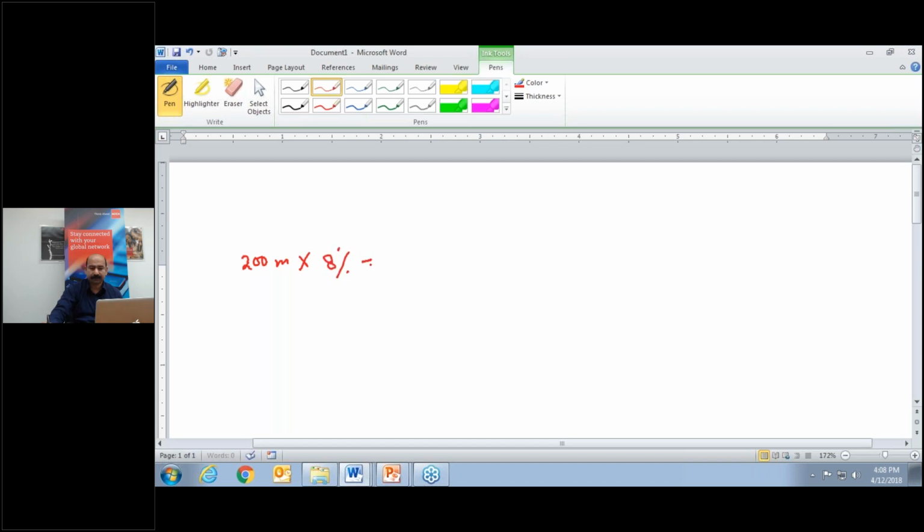So this will give us the cash outflow. So step number one, we know that we shall determine the actual cash outflow.